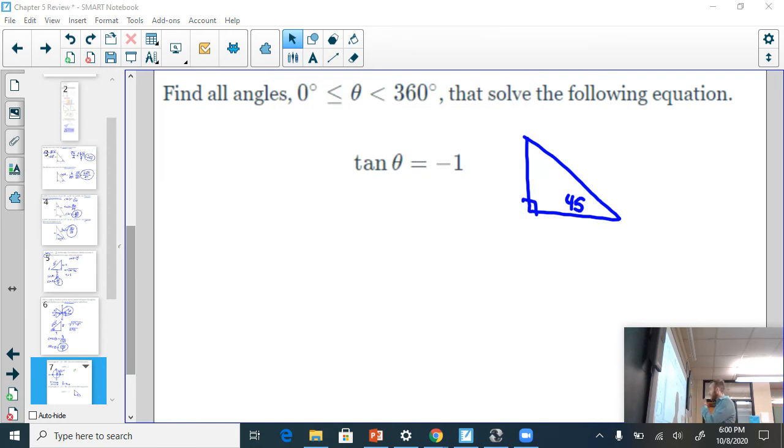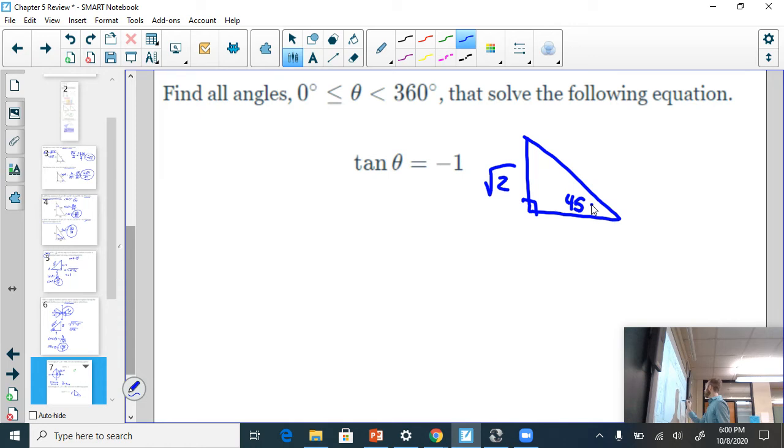So I said tangent is that exception, and that's because we have that ratio square root 2, square root 2, and 2. So why is 1 the exception when it comes to tangent? That's because if we look at this angle, 45 degrees, tangent is opposite over adjacent.